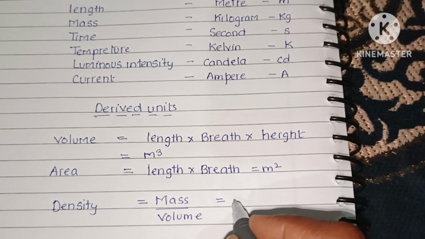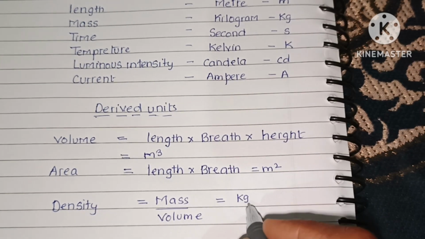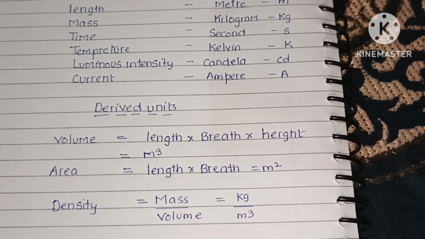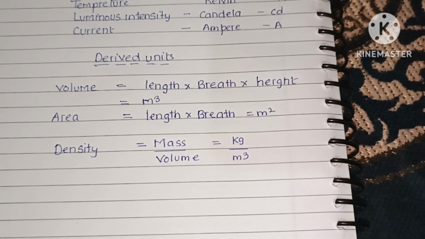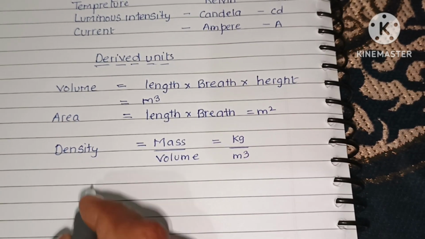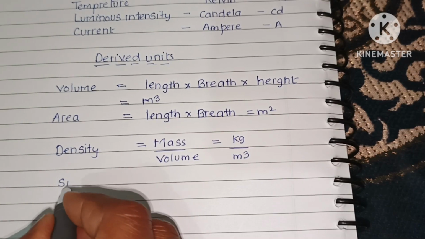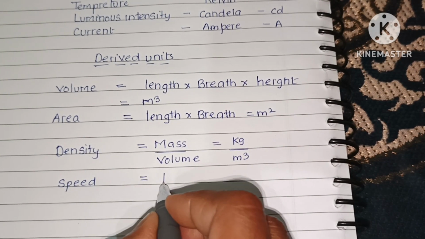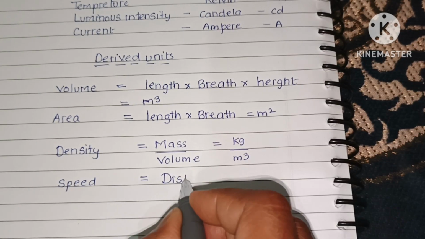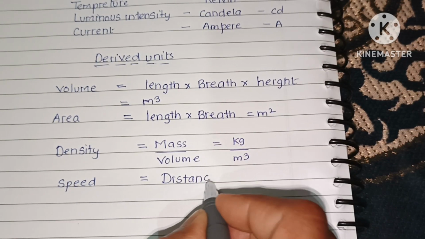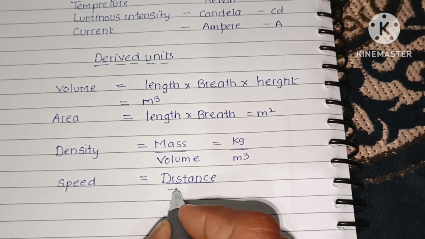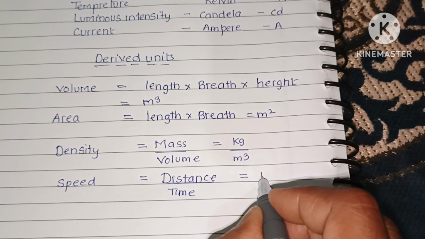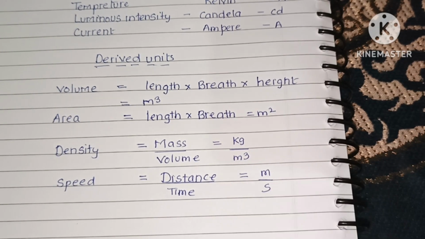So mass is kg and volume unit is m cube. If we talk about speed, so distance upon time, so that is meter per second.